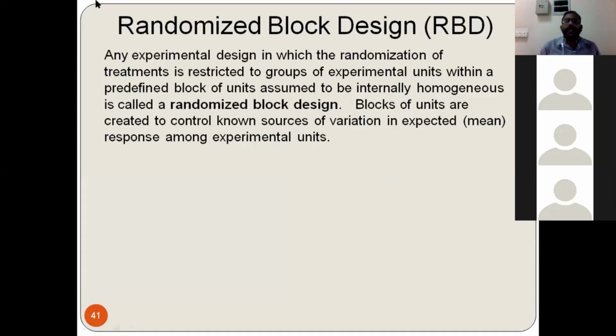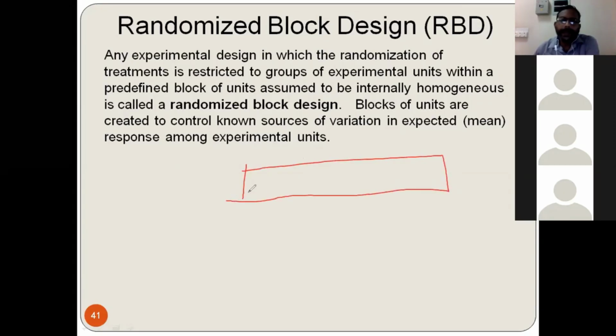So we can take a small example on land, right? Let's say I have 6 treatments. Each of these are experimental units.